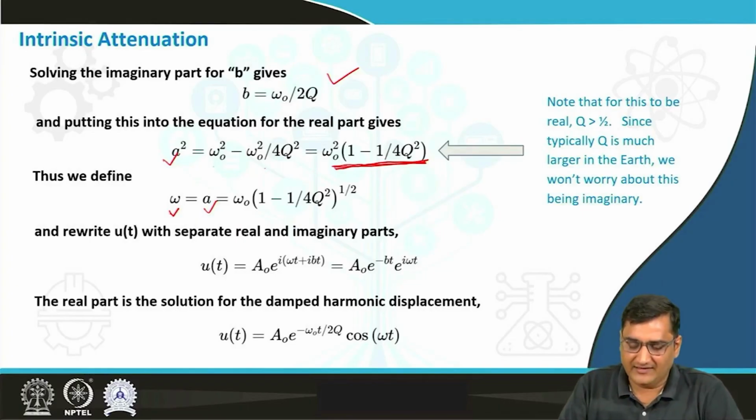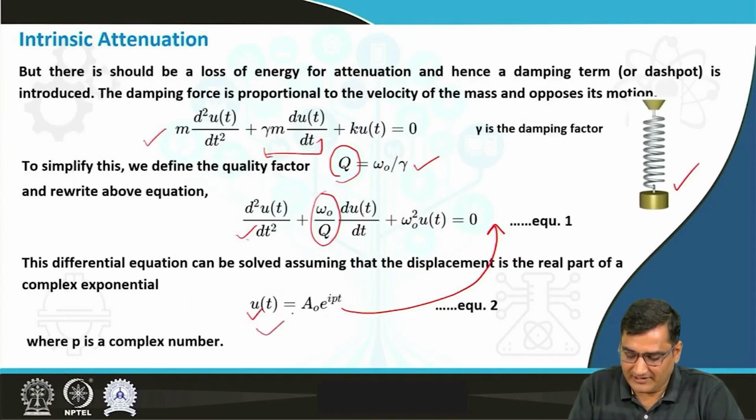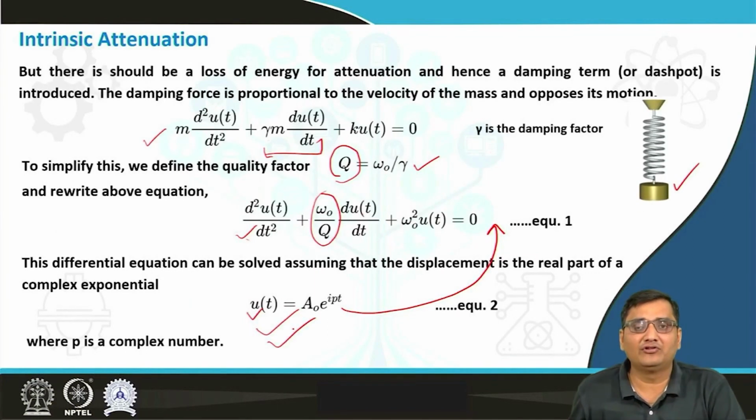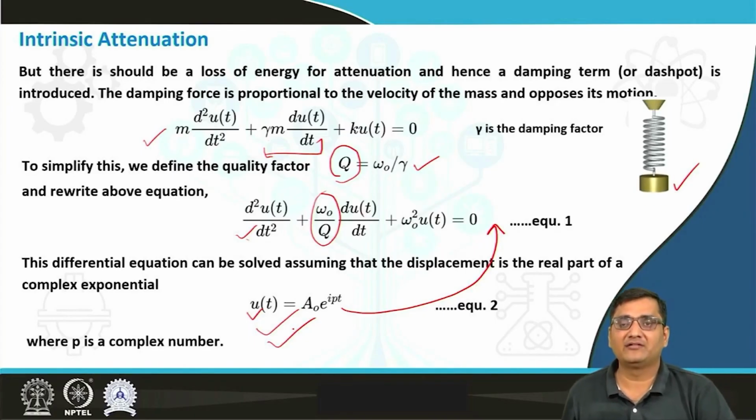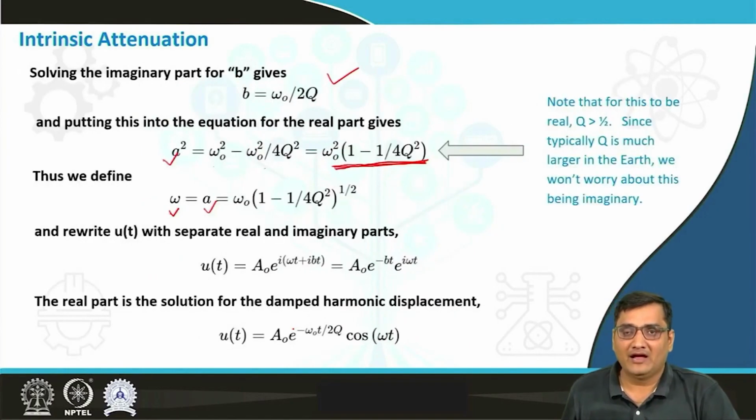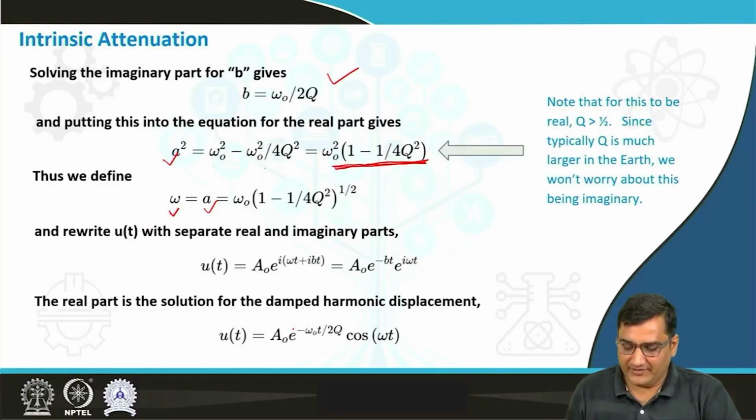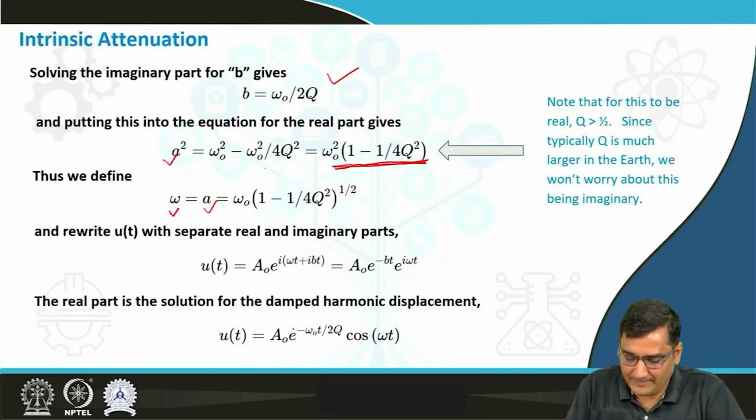And we can rewrite ut, that was this particular expression here, where ut is equal to a naught e to the power iota pt, where p is a plus iota b. When we insert the value of a and b into this expression for ut, it will become something like this.